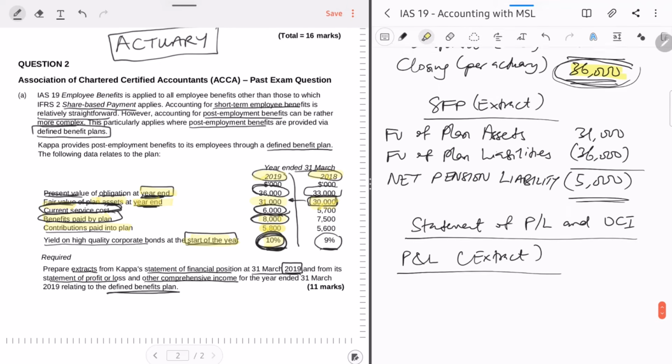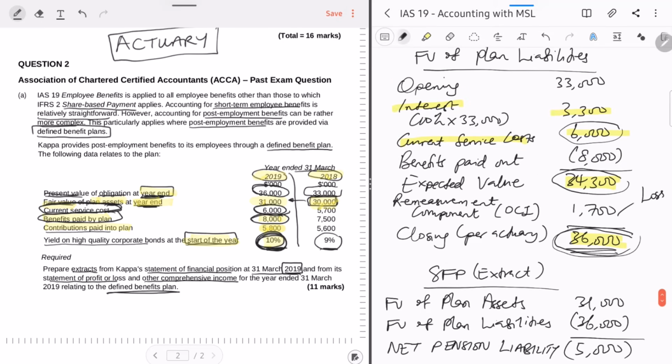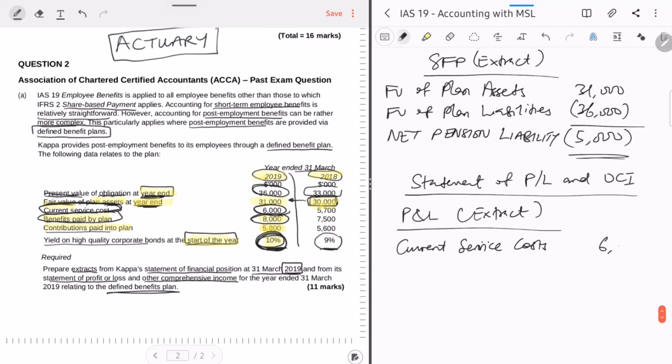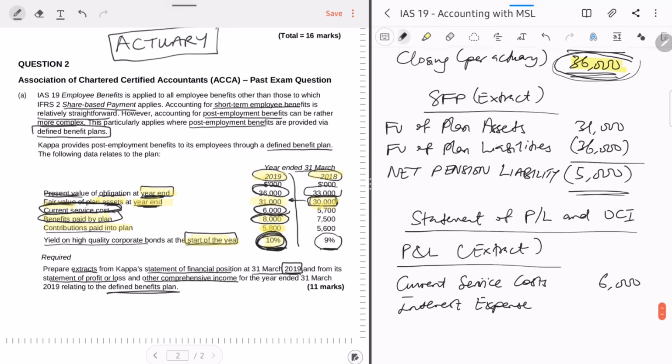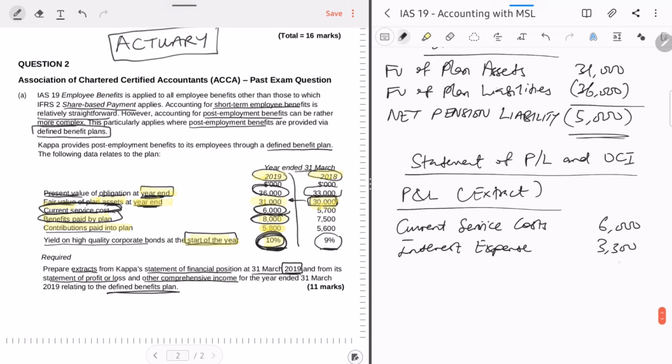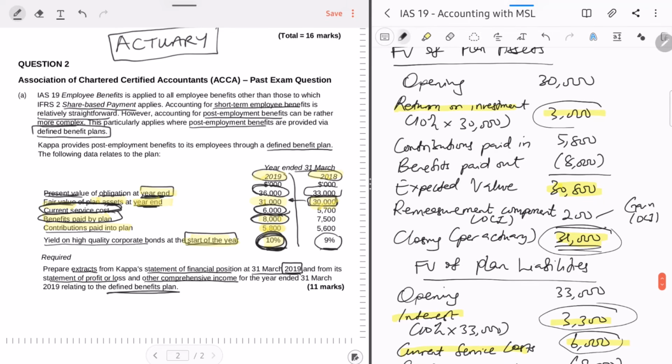That's all. So we have current service costs. What did we get? 6,000. Okay. Then our interest expense. What did we get? 3,300. Okay. Then we take out our return on investment. That gives us 3,000.